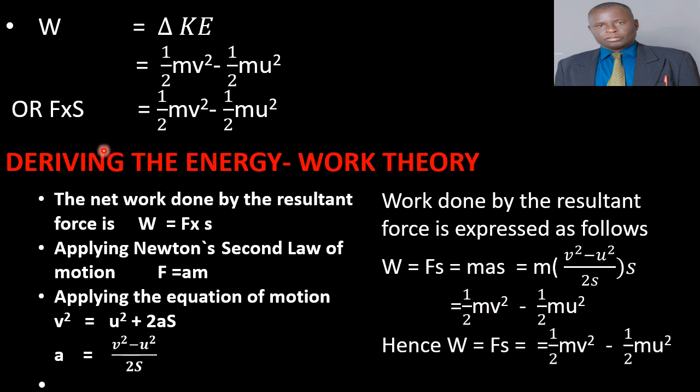So therefore the theory is obtained. The equation above is this one, which we obtained by derivation. So work is equal to net force multiplied by distance, so it's equal to this change.